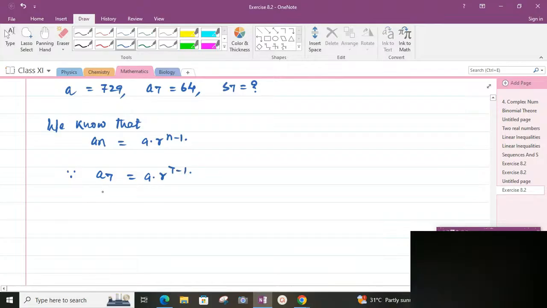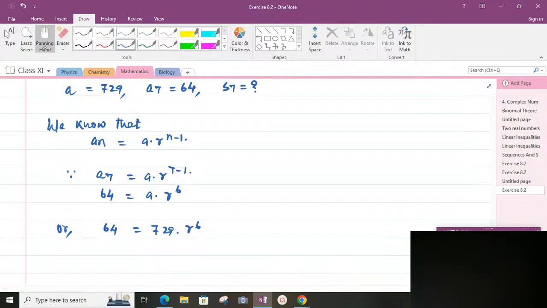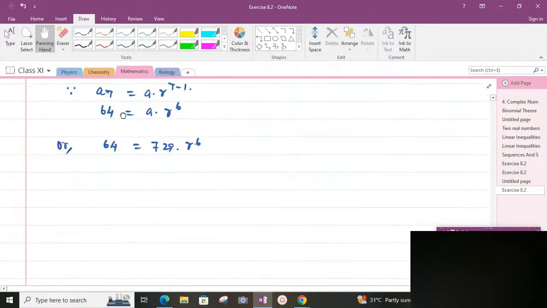The value of A7 is 64. 64 equal to A into r to the power 6. Now putting the value of A, so the value of A is 729, so here will be 64 equal to 729 into r to the power 6. Hope that there is no problem to understand up to this step.